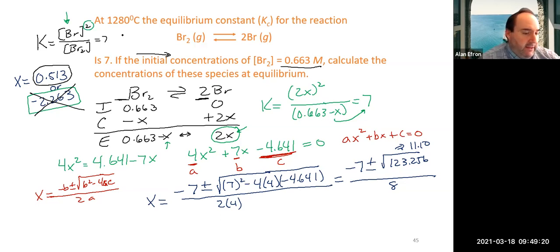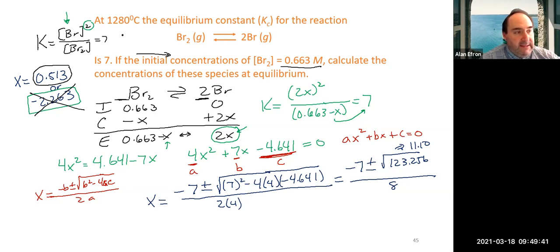The way that we calculate Q is the exact same way that we calculate the equilibrium constant. The only difference is you're using perhaps initial concentrations, or concentrations where you're not sure you're at equilibrium. So when we use that Q, we can compare it to the Kc value or the K value.